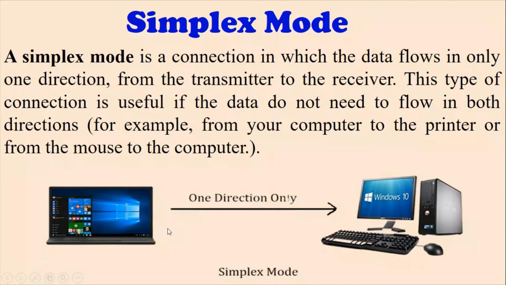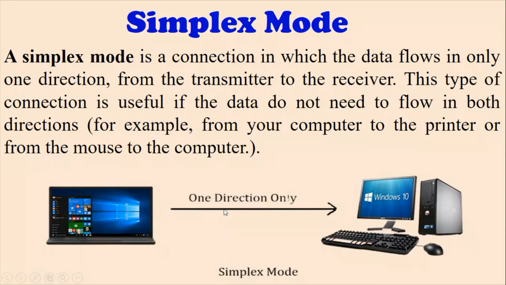Simplex means one direction. As we can see in this picture, one computer is sending data to the other, a desktop computer on the right side of the picture. This is only one direction. The arrow shows that data is moving in only one direction. So this is called simplex mode of communication.